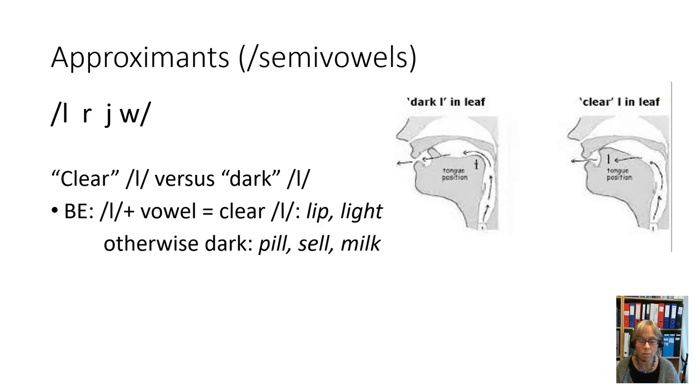Otherwise, speakers of British English would also have a dark L at the end of words such as pill, cell, milk. So in little, the first L would be clear and the last would be dark. In American English, you only use the dark L in any situation. Lip, light, pill, little.